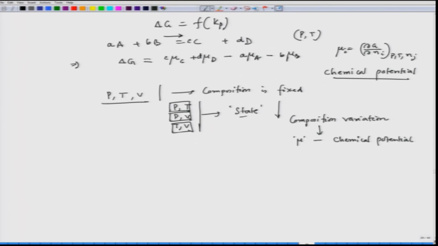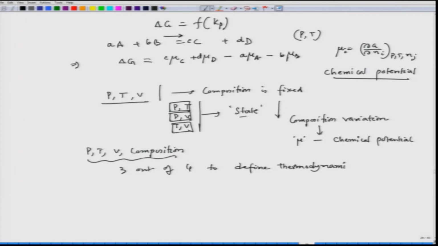So, when we have a system with P, T, V and composition, in order to define the state of the system, we need 3 out of 4. Now, we have been talking about state. The state is nothing but the state of equilibrium.